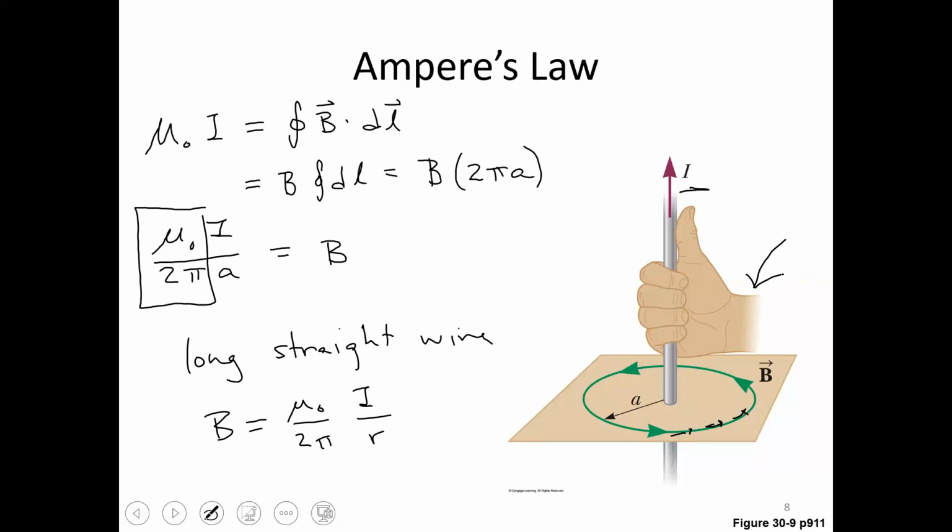Ampere's law is really useful when you can claim that your current is steady and continuous. We're going to make some modifications to Ampere's law to deal with things like capacitors, where it is not steady and continuous.